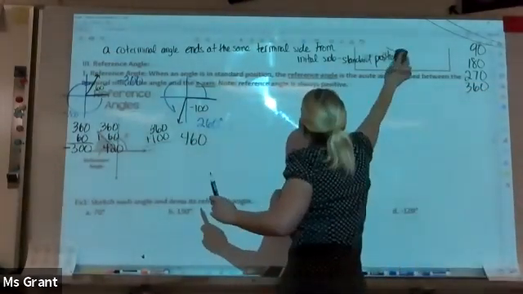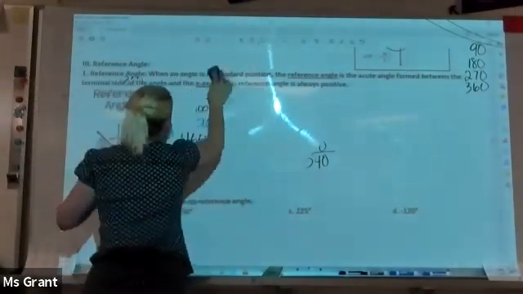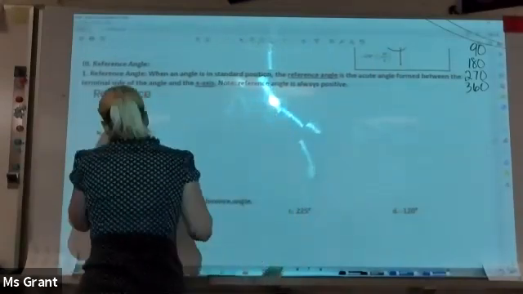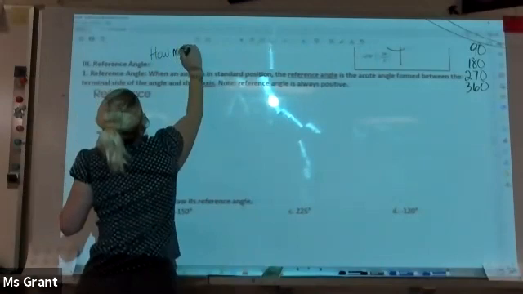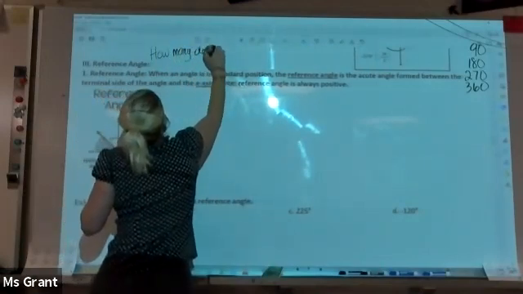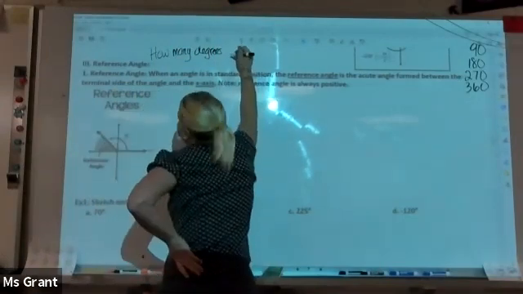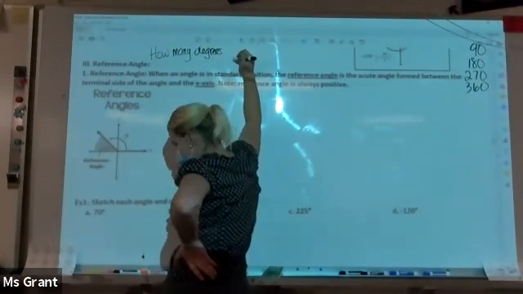A reference angle. So these are two different definitions that we need to keep straight. The reference angle is how many degrees, has to be an acute angle.